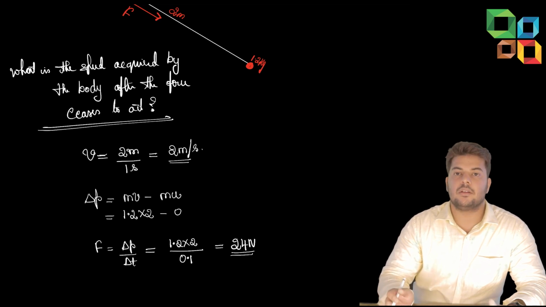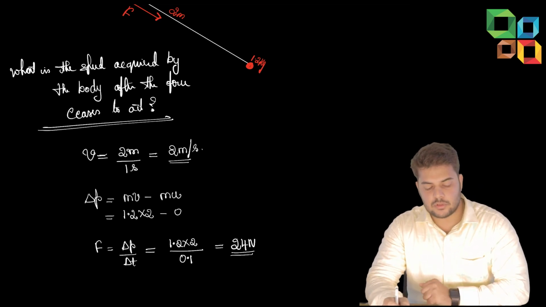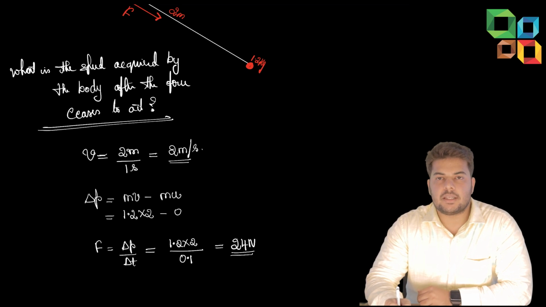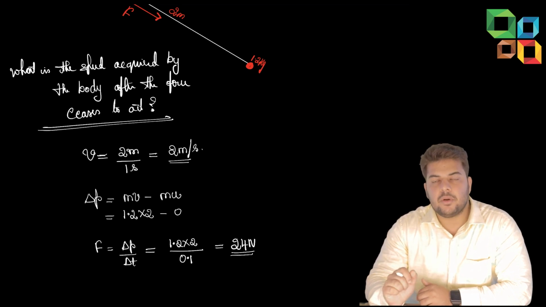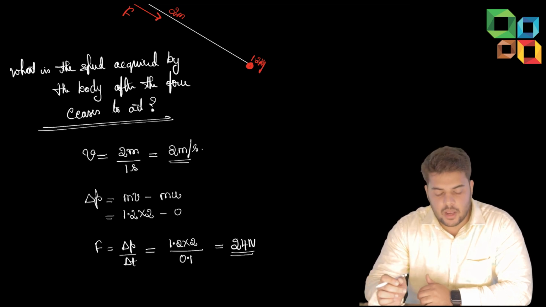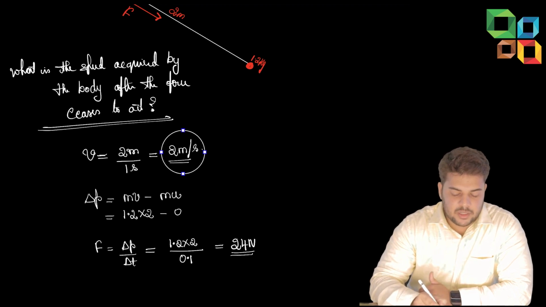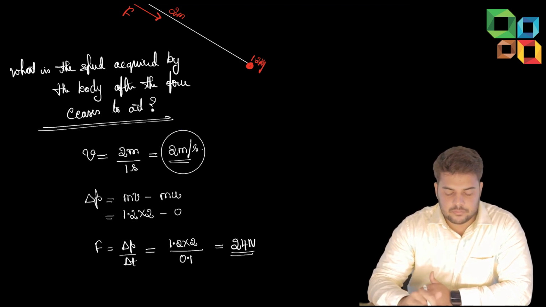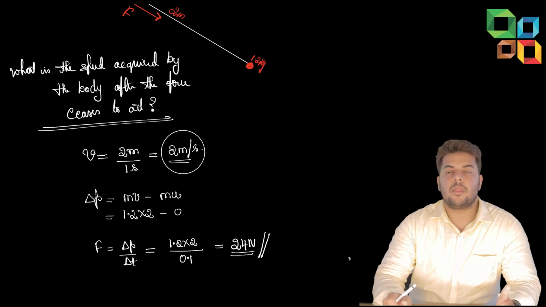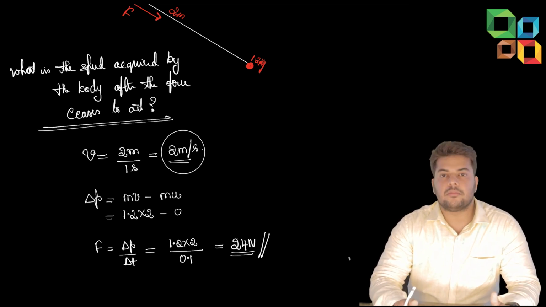All right. So 24 Newton of force must have acted on this body of 1.2 kg for a small duration, 0.1 seconds, so that the body can acquire a speed of 2 meters per second. All right. So that's the problem.